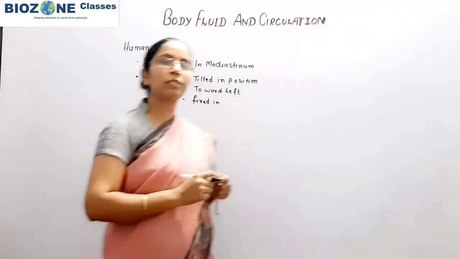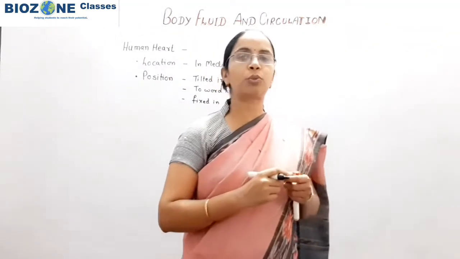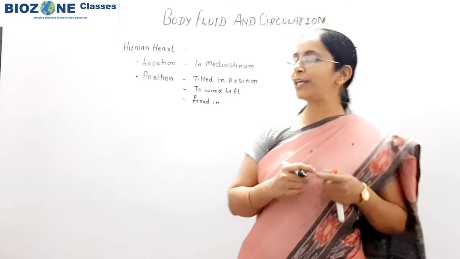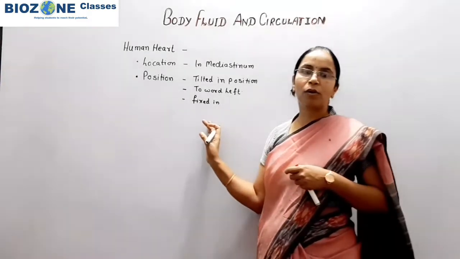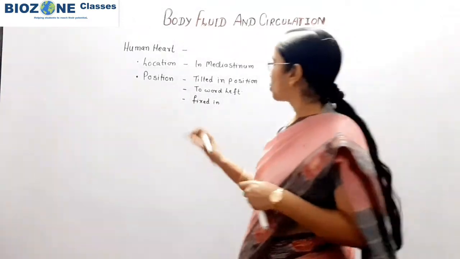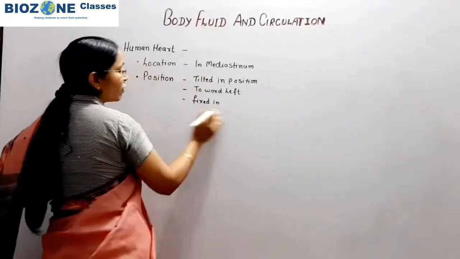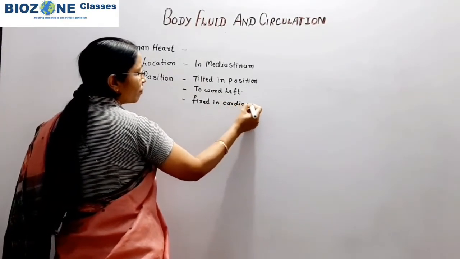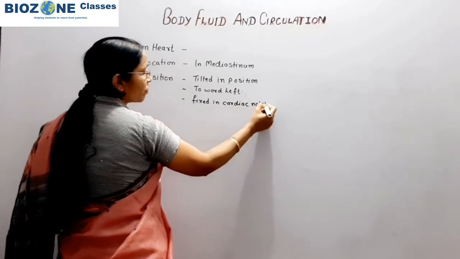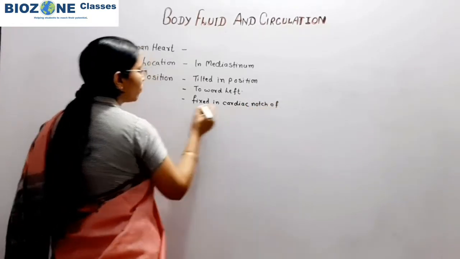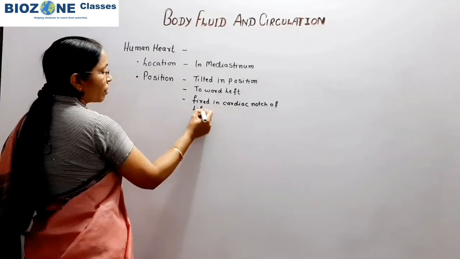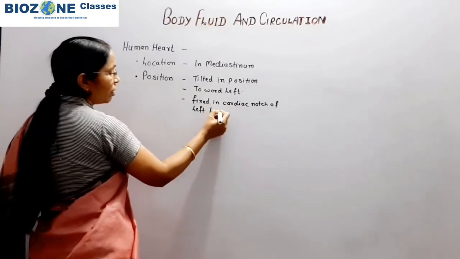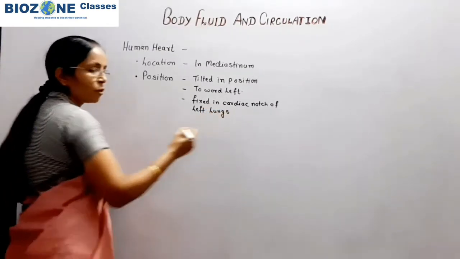In the respiratory system we studied that the left lung shows the cardiac notch. So students, you remember the heart is fixed in the cardiac notch of the left lung.